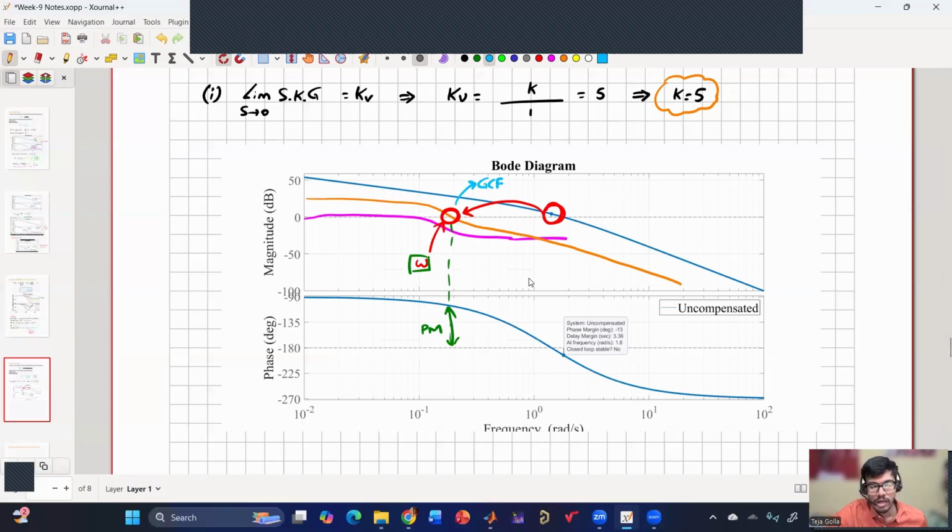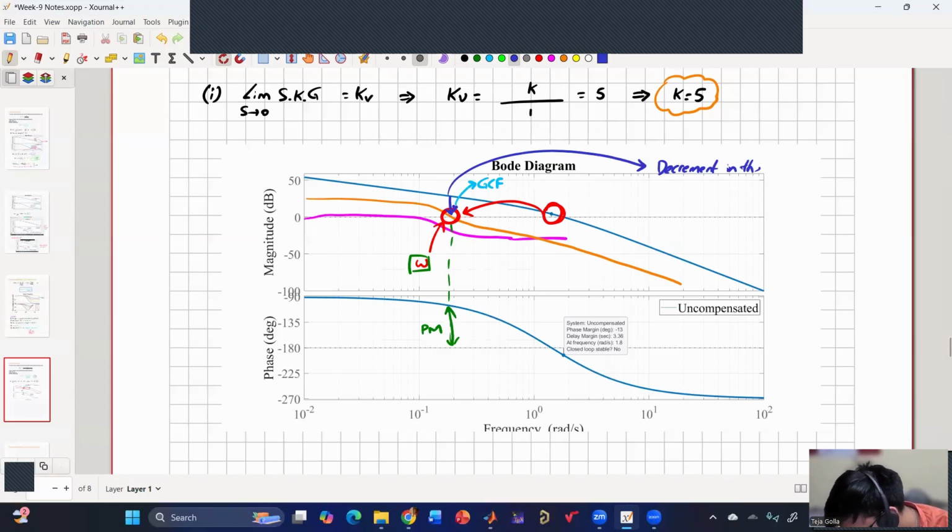So I have to see how much phase margin do I need. And then at that point, I will see what is my omega. And how much decrement? So basically we are trying to reduce this gain to 0. Whatever we are trying to do is the decrement in the gain.